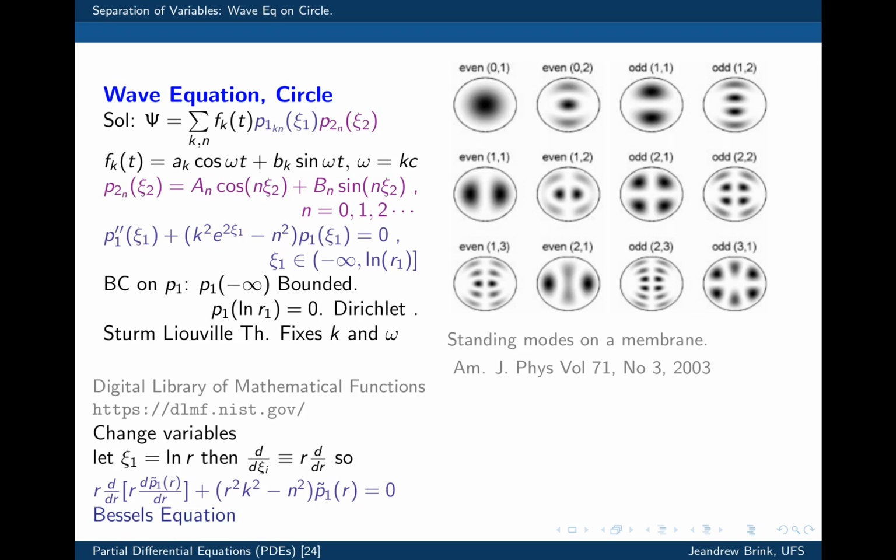Just be careful here, this one is actually not in Sturm-Liouville form. What do you have to do to get it to Sturm-Liouville form? Right, you have to take away this r, because the Sturm-Liouville form is basically d/dr times p of r times d/dr of the function, plus some weighting function which is positive times the parameter, plus or minus some other function.